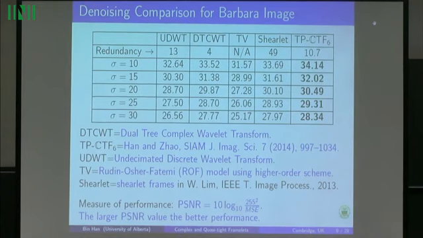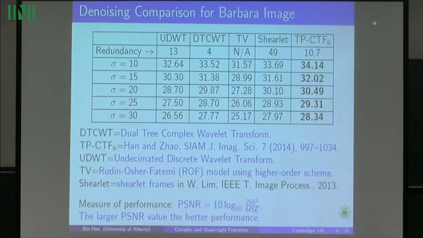So let us look at the denoising problem for the Barbara image here. If I use the undecimated wavelet transform, you are going to see this noise level. This sigma is the standard deviation. The larger the standard deviation, the heavier the noise.